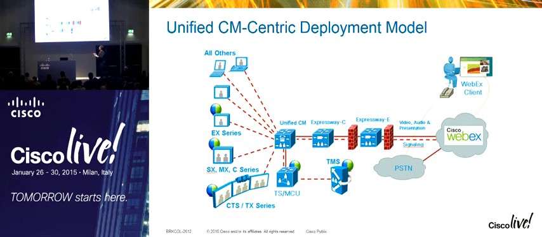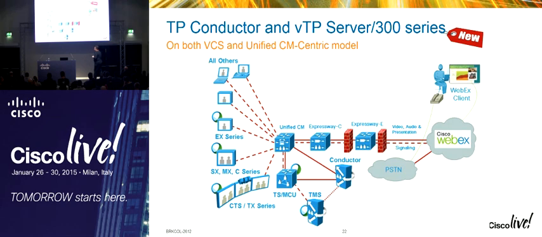The same reasoning applies to the other components, such as TMS. The Expressway, in this reference architecture, is the application of the UCM that allows for external connection, or B2B in general.